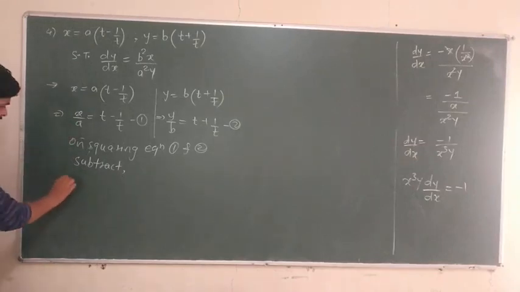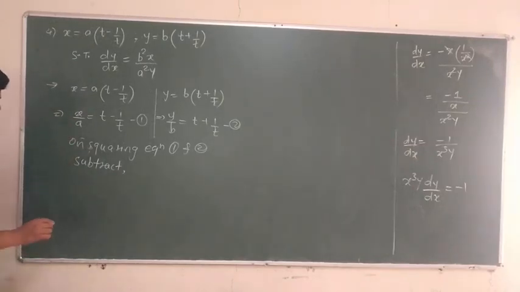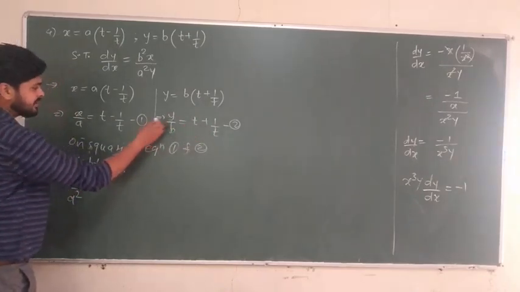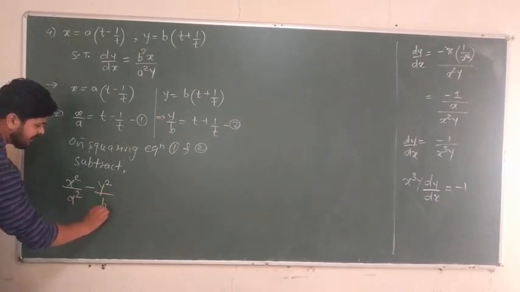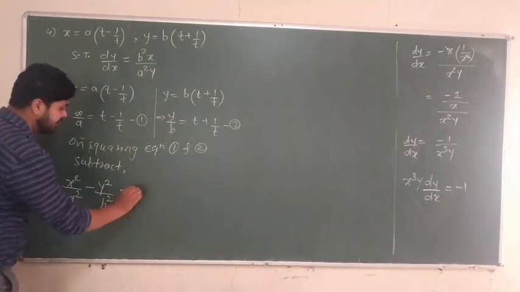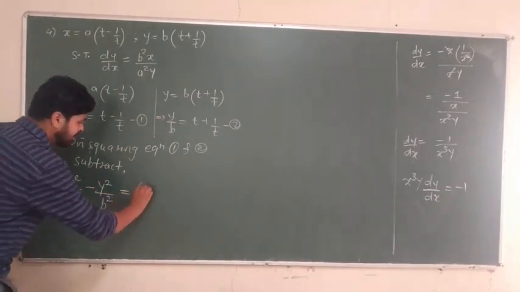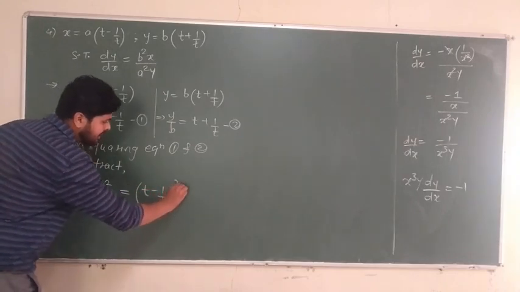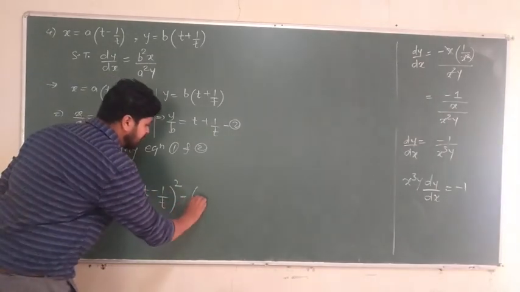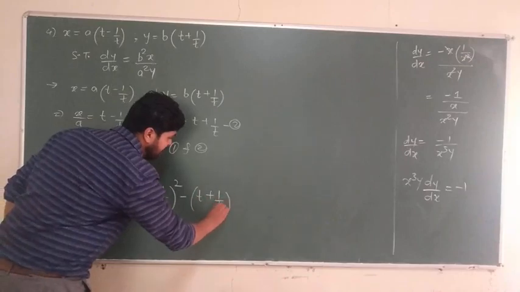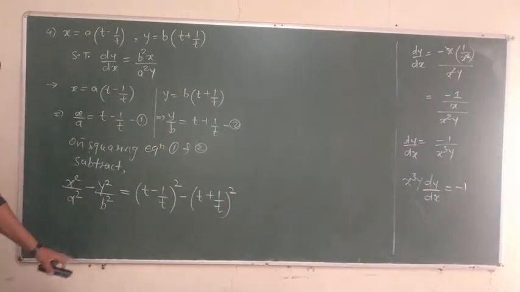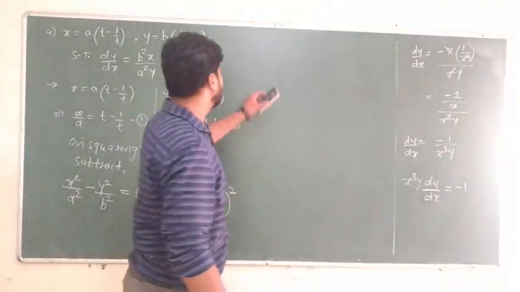Square of this equation, so x square upon a square minus second equation, its square, y square upon b square, equal to square of this term: t minus 1 upon t whole bracket square minus t plus 1 upon t whole bracket square. So if I solve these two brackets, what do we get?